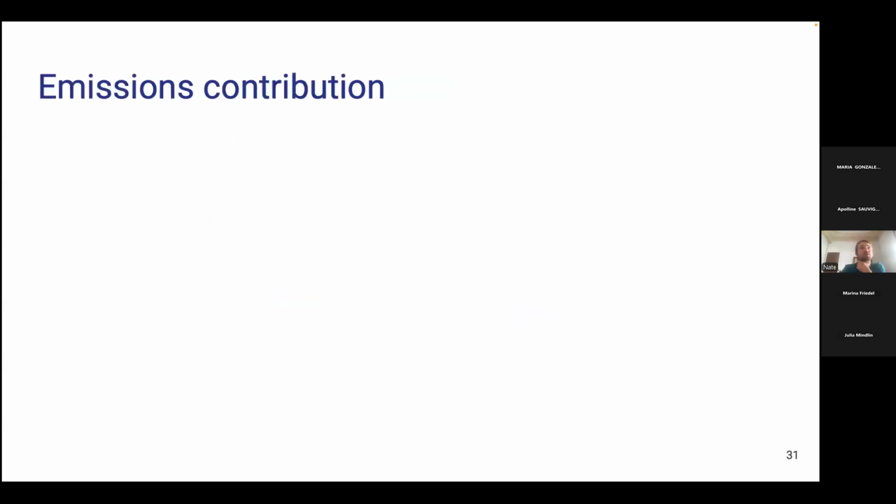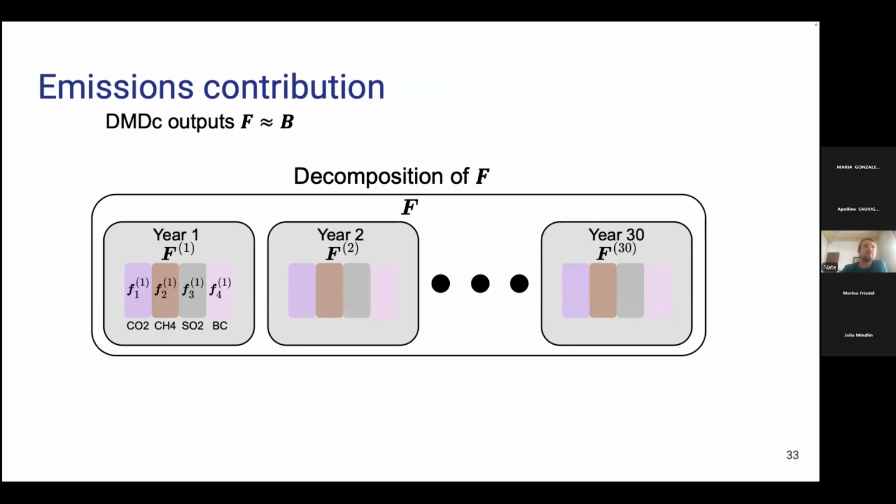And the emissions contribution from DMDc comes from an approximation of B, and I call it F for the forcing contribution, the linear forcing contribution. And this is an approximation of B. Because of the way we structure Y in this time delay embedded framework with the last 30 years of forcing, you can actually decompose F into blocks. This was my best way to visualize it.